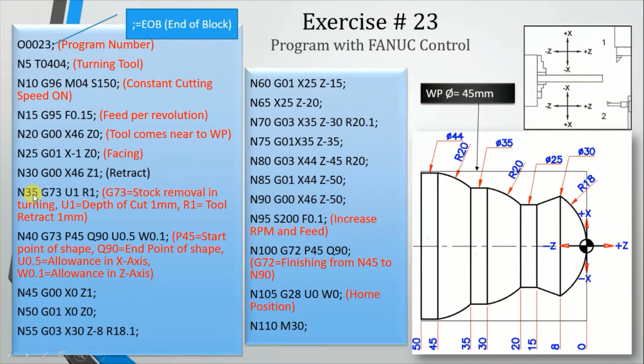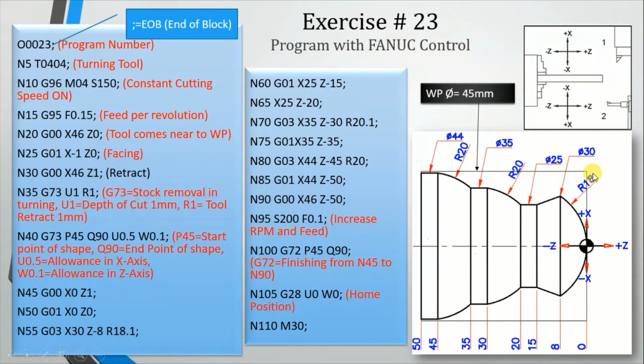So the next block is G73 U1 R1. G73, this command is for stock removal in turning, and we write this command in 2 blocks. In the first block we will say G73 U1 R1. U1 means depth of cut 1 millimeter, and R1 means the tool retracts 1 millimeter.